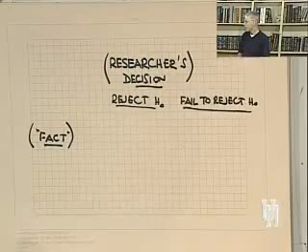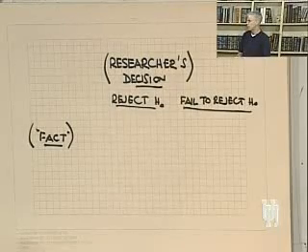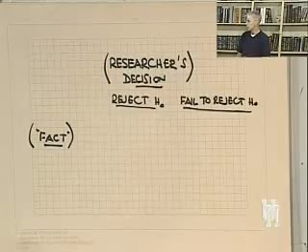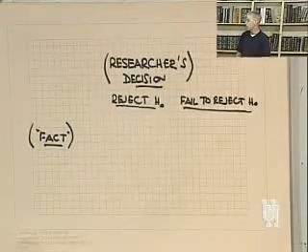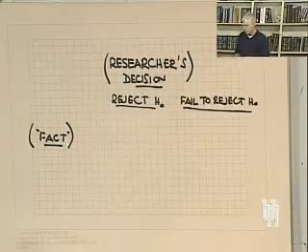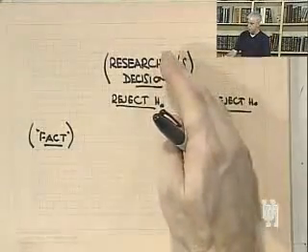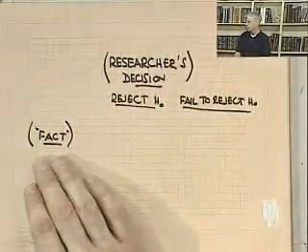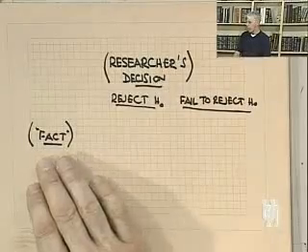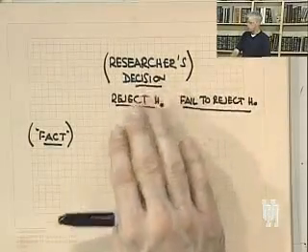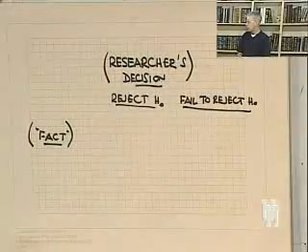No. And likewise, when a jury returns a verdict of not guilty, it does not mean necessarily that the defendant did not commit the crime. So we can distinguish between a jury's decision and what we might call fact. And likewise, we can distinguish between a researcher's decision and what we might call fact.